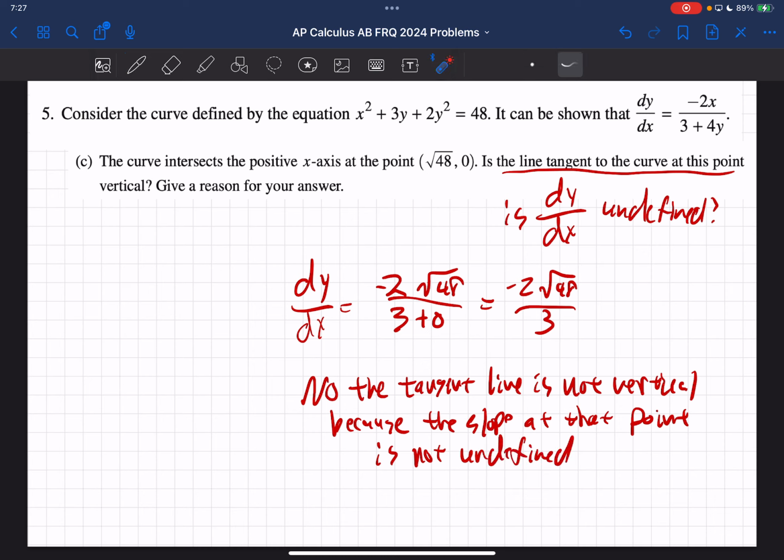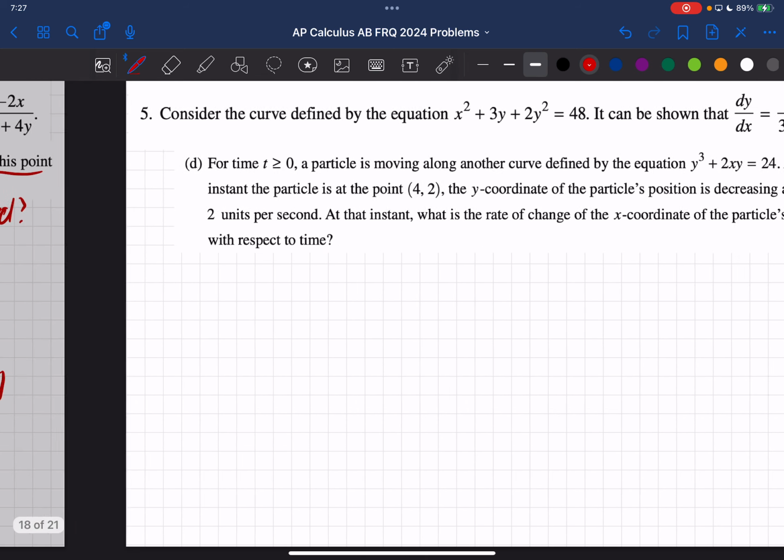Now, College Board may be picky about the use of the word slope, and they may want you to say the derivative at that point, or they may want you to say dy dx at that point is not undefined. So we'll see what happens. Let's see how they rule when the grading guidelines come out.